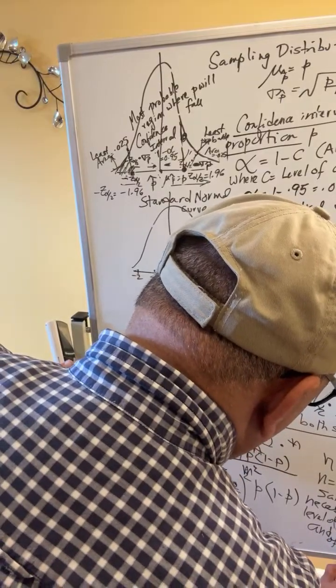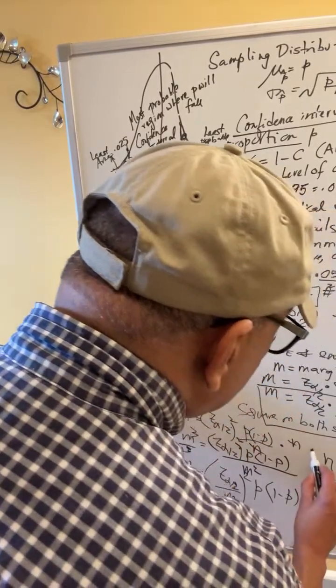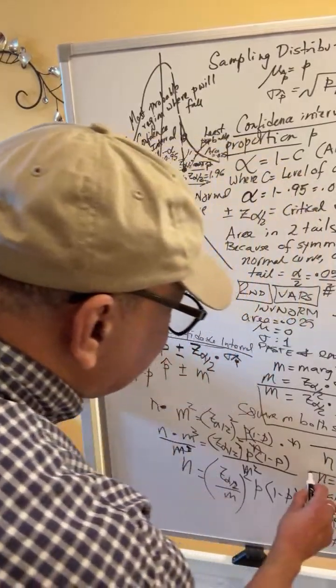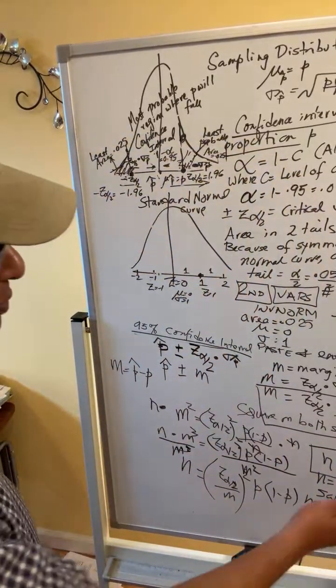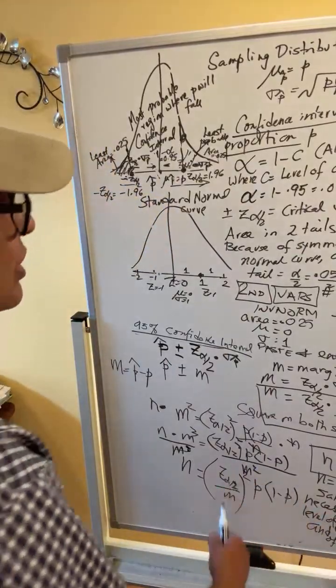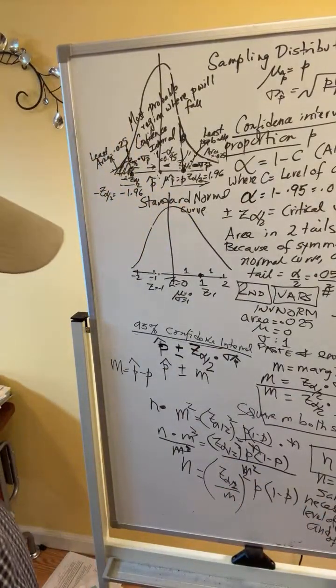So this is the formula we are going to use to calculate the minimum sample size necessary to maintain a particular margin of error m at 1 minus alpha level of confidence.